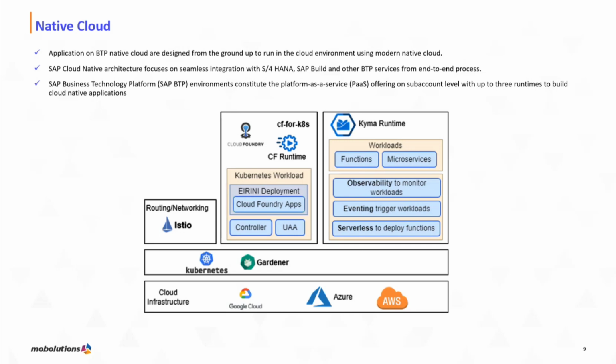And SAP cloud native architecture focuses on seamless integration with S/4HANA, SAP Build, and other BTP services for end-to-end processes. Typical use cases include custom microservices for sales, logistics, or analytics applications that need to scale independently.